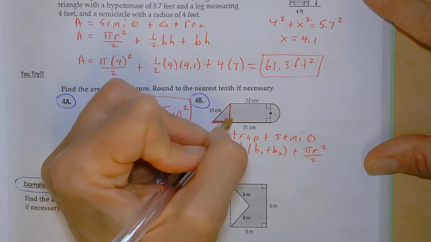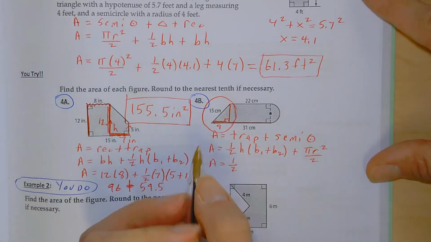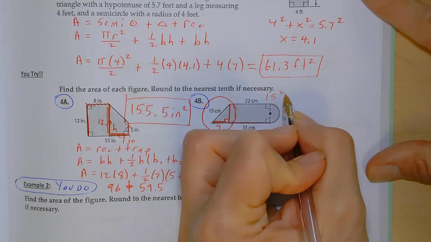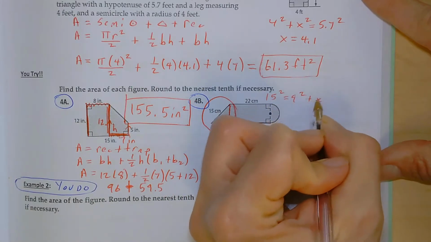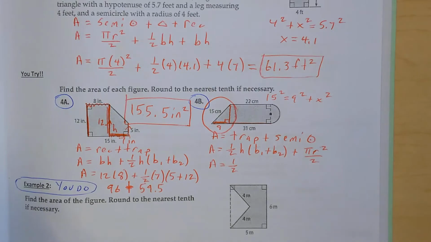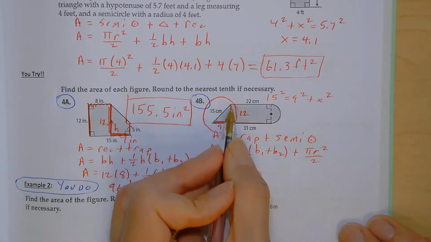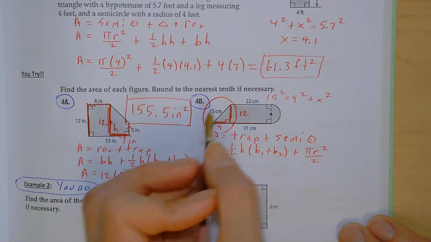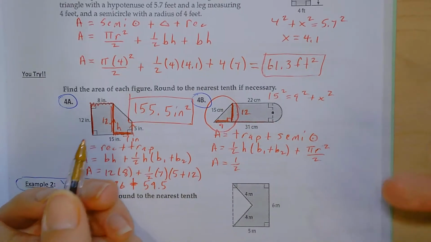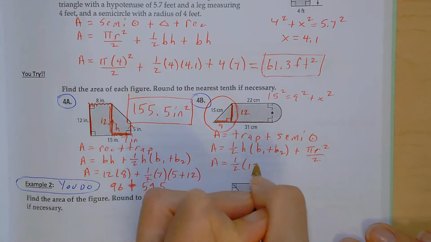Okay, so we're going to do Pythagorean theorem with this right triangle by setting up 15 squared equals 9 squared plus x squared. All right, if you solve that, which you will already know how to do, you will get a 12. So that makes the height of the triangle, the height of the trapezoid, 12, which is also the height of the triangle. So that's 12.